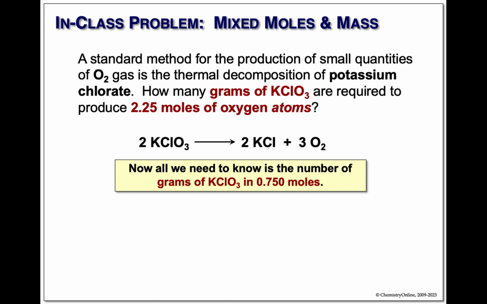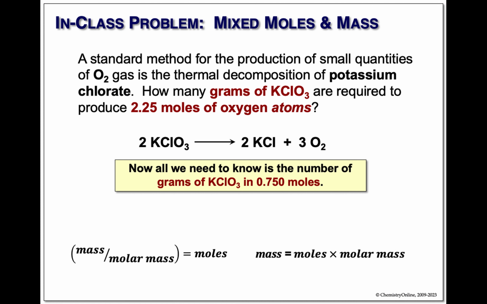Okay, what you do is you remember the one thing that we always remember. Mass divided by molar mass is moles, right? We're looking for mass. That's molar mass multiplied by moles. So, we know the number of moles. We need to calculate molar mass here.